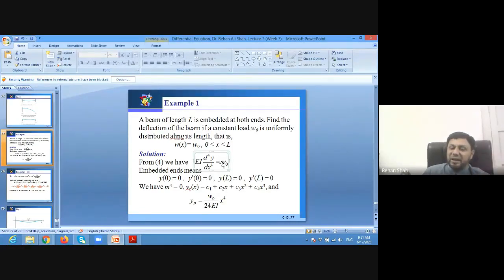But Ax is again present in yc in the form of C2x, so your new selection will be Ax^2. It is again present, so the last selection is Ax^4. Then you differentiate this yp four times in the given differential equation and you will get A, and the A value will be W0 over 24EI. Is it clear now?